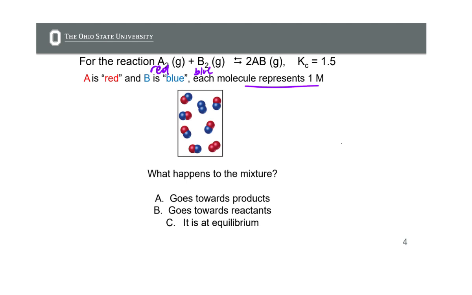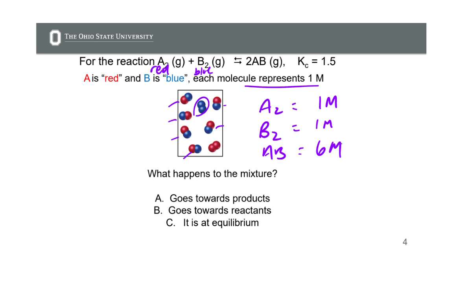Okay? So if we do that, we have 1 A2 present in this container. So that's 1 mole per liter. For B2, we have 1 of those. And for AB, let's see, we've got 1, 2, 3, 4, 5, 6.